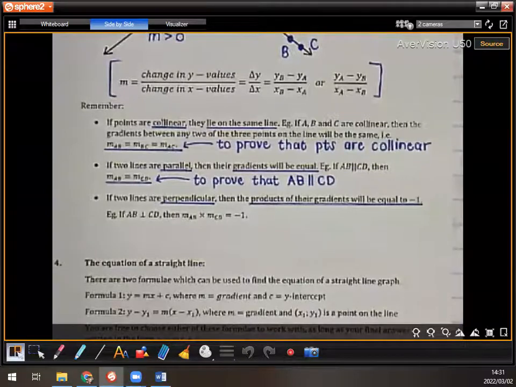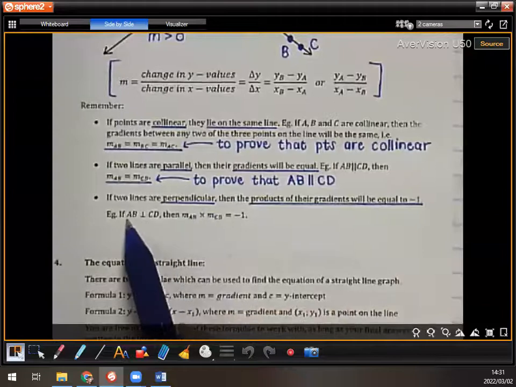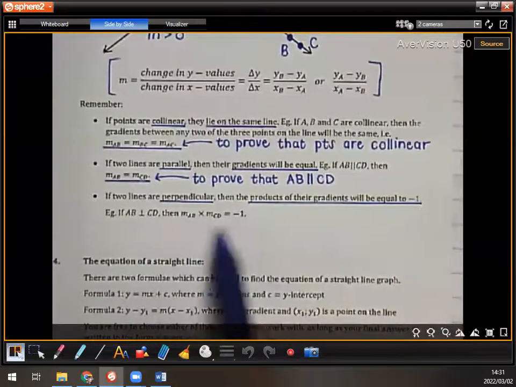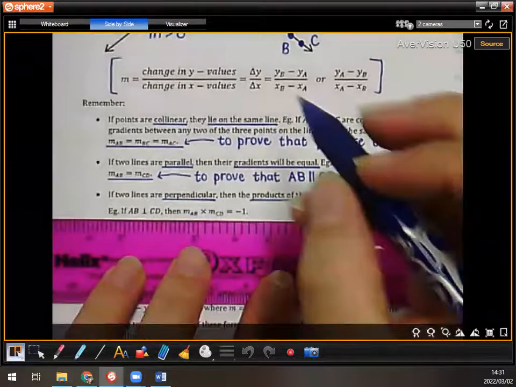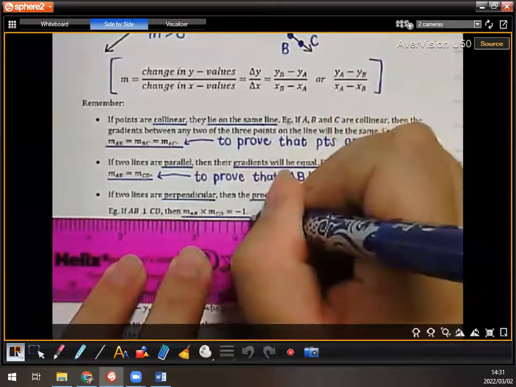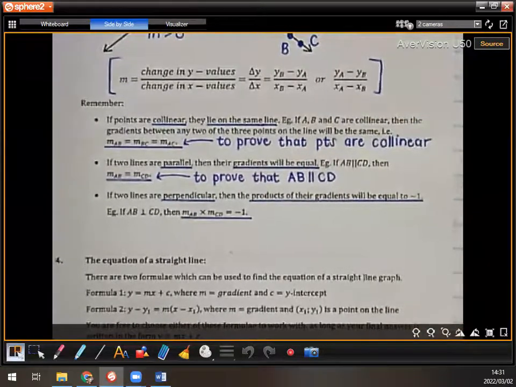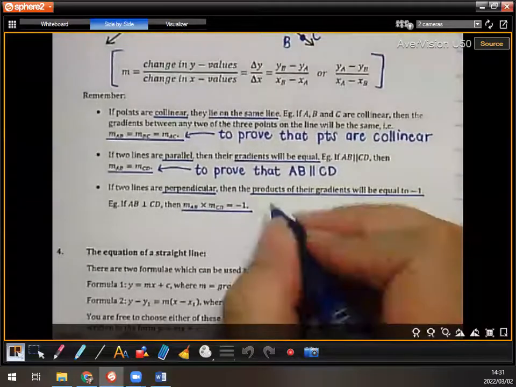Okay, so perpendicular, remember, means that there's a 90-degree angle between them. So that's what they're saying here. If AB is perpendicular to CD, then you can use this as a formula actually. The gradient of AB times the gradient of CD is equal to -1. Sometimes they give you the one gradient and you need to find the other one. That's sort of another question that they can ask.